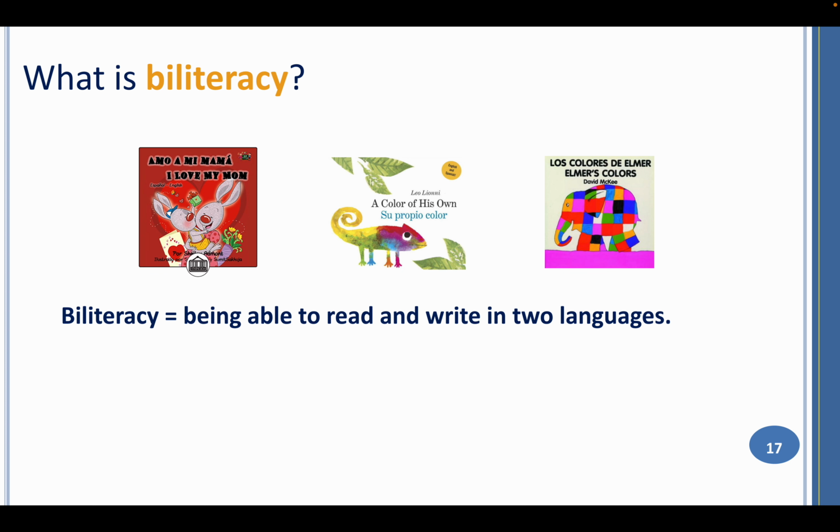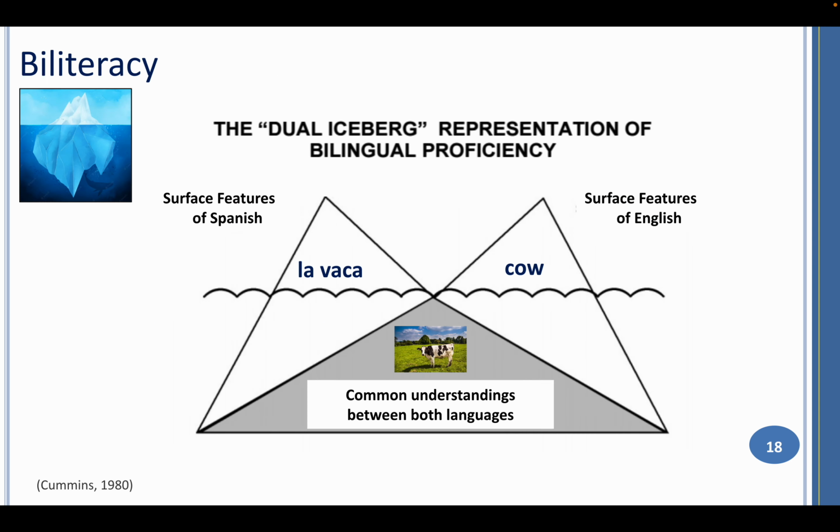What is biliteracy? Biliteracy means being able to read and write in two languages. To understand how bilingualism and biliteracy work, we can use the dual iceberg representation of bilingual proficiency.